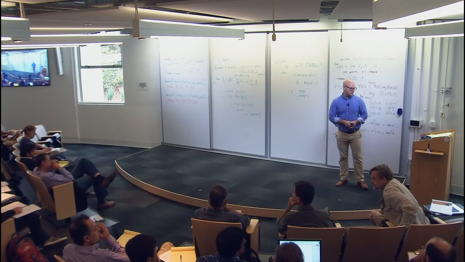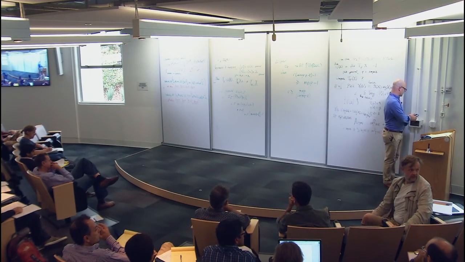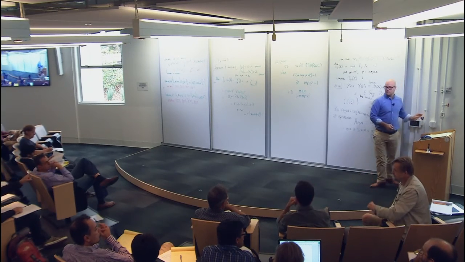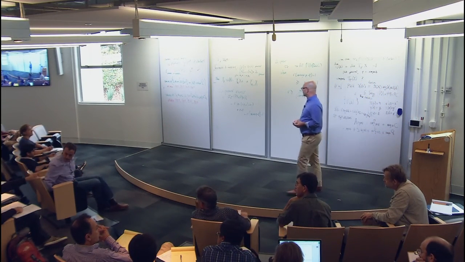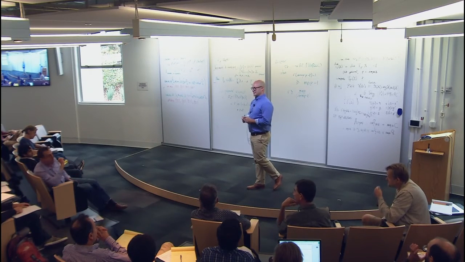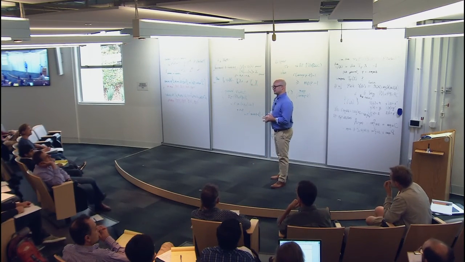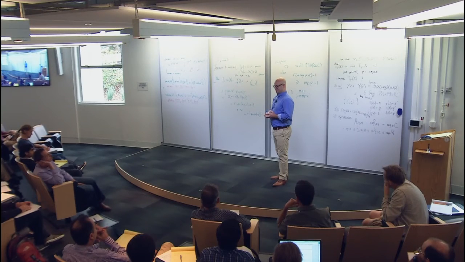Questions, comments? So you're saying this dimension is not always true? That's right. That's why I never said this is the dimension. It could be wrong, right? For instance, matrices. Try that example and see what you get.